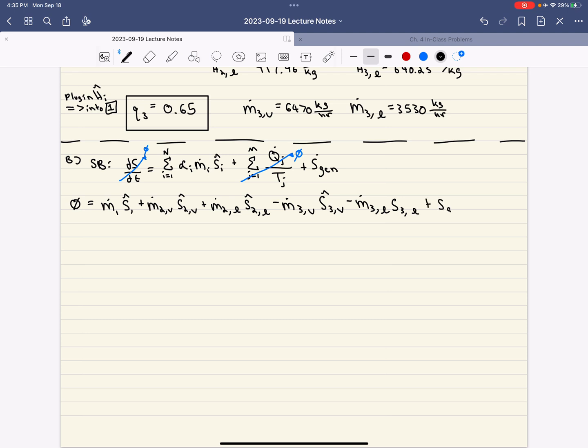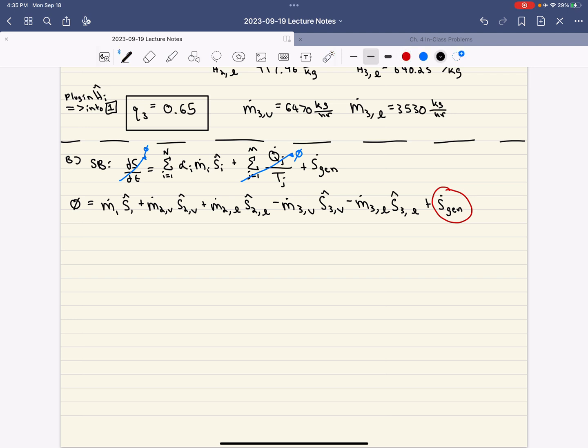Plus Sgen. And so, as it stands now, we want to figure out Sgen. And so the way to figure out Sgen, that means we need to figure out what each of these specific entropies are.